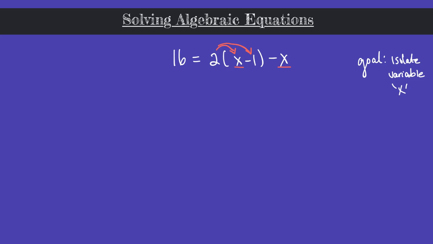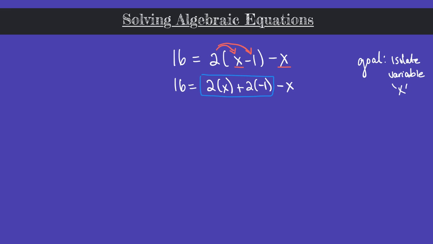So I will end up with 16 = 2 times x plus 2 times negative 1 minus x. All I've done for these first 2 terms is distribute the 2 to both items in the parentheses using multiplication, because parentheses indicate multiplication.